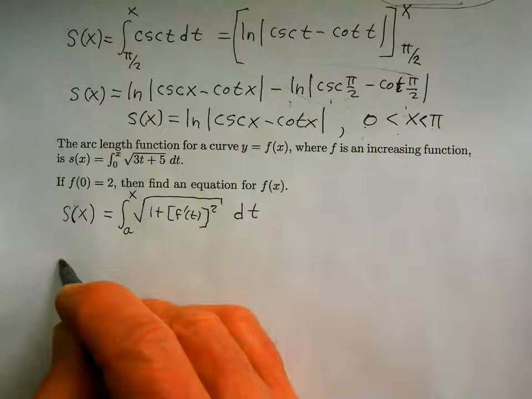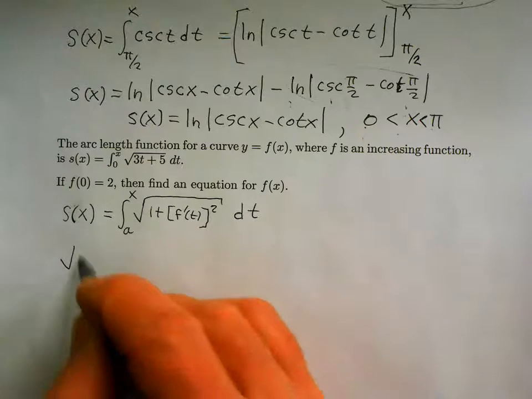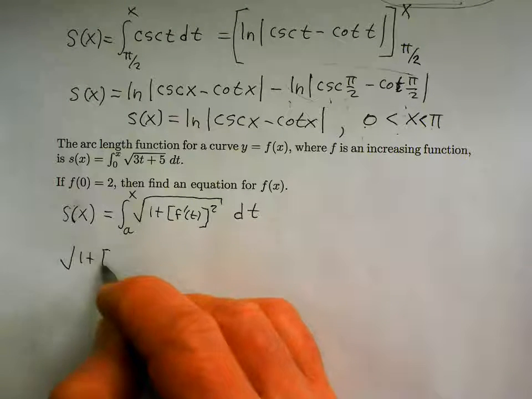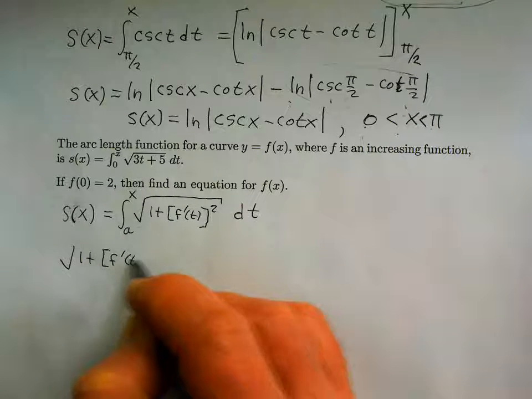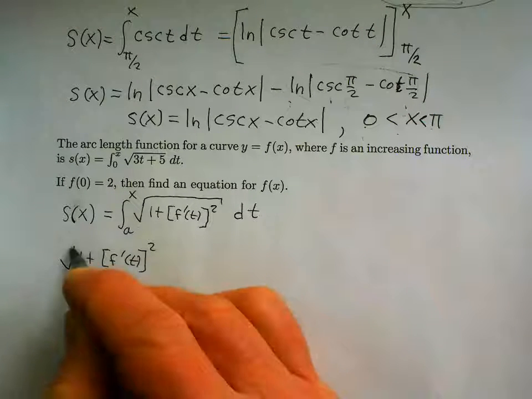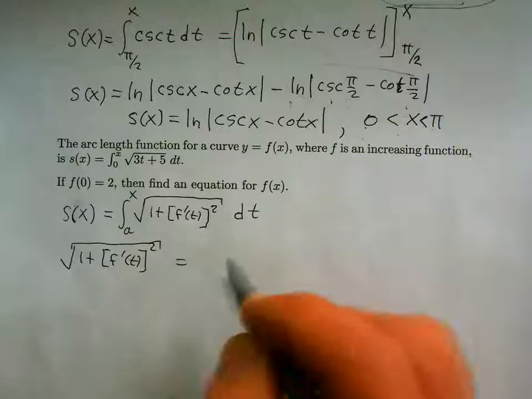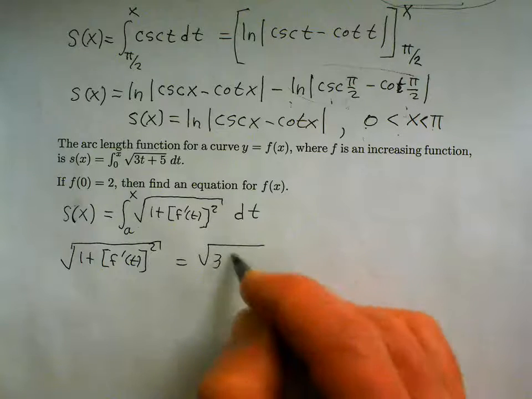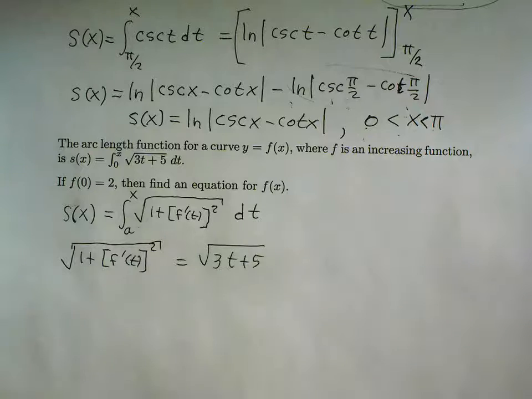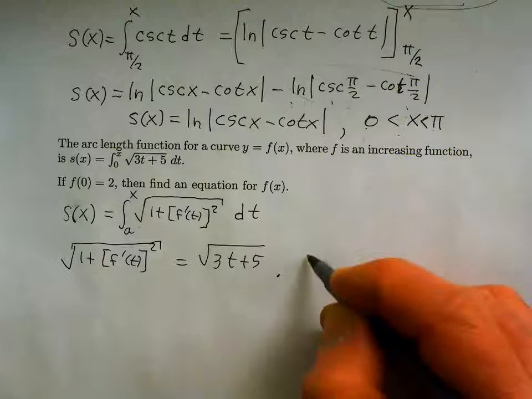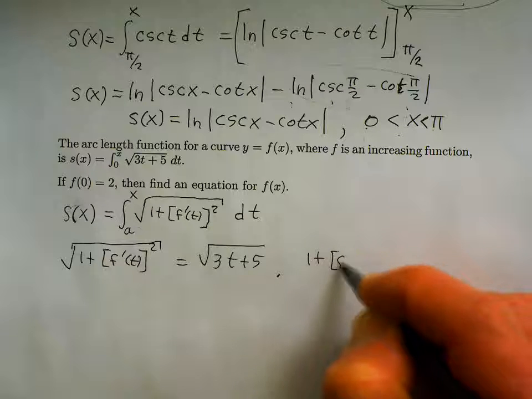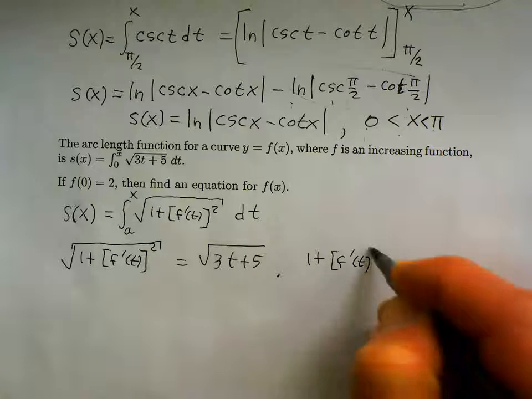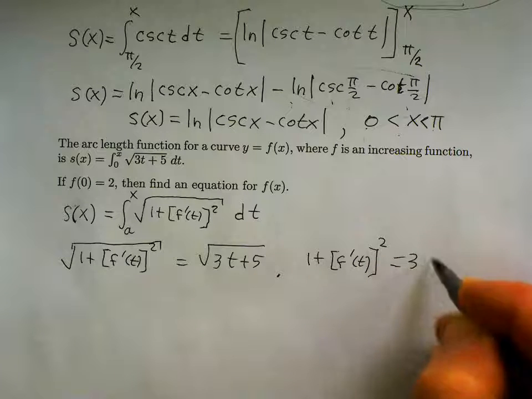Okay, so we set the integrands equal to each other. The square root of 1 plus the square of f prime of t is equal to the square root of 3t plus 5. Then square both sides, since each side involves a square root. When we square both sides, we get 1 plus the square of f prime of t equals 3t plus 5.